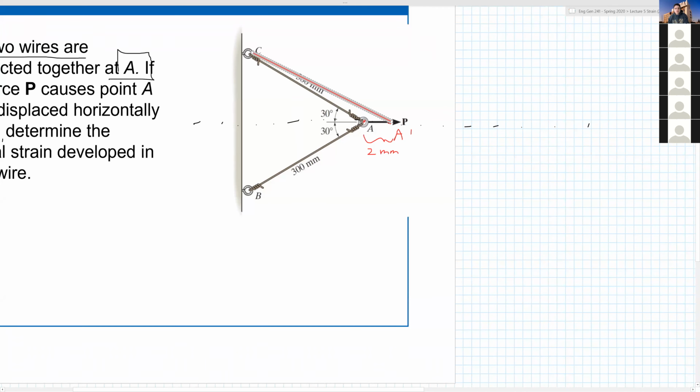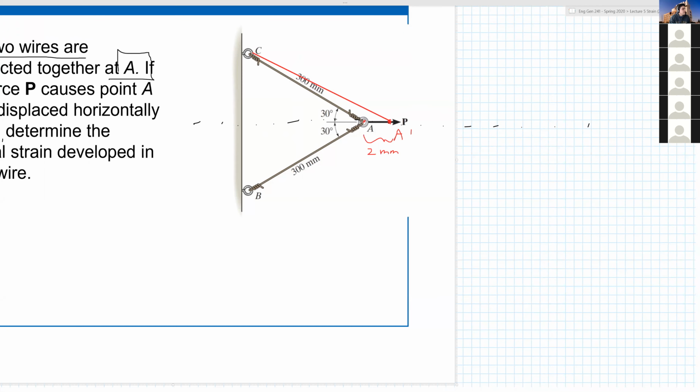Okay, so notice how the cable stretched horizontally 2 millimeters to the right.